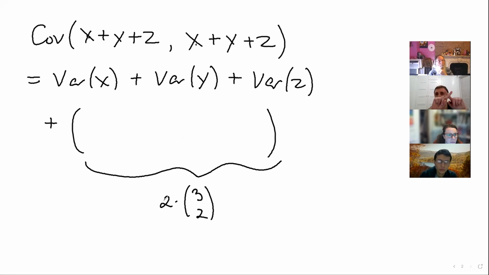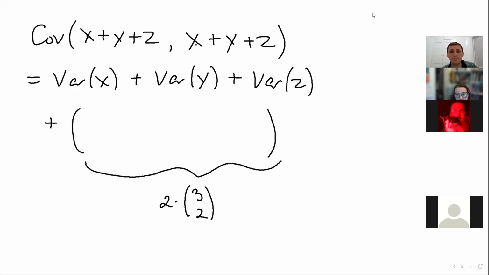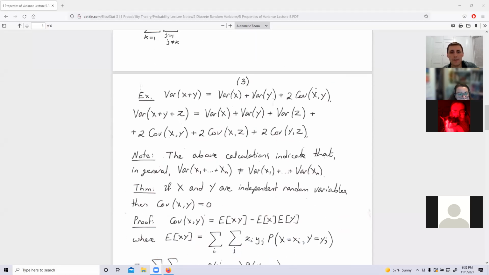Because it doesn't matter if it's xz or zx, I just write xz and multiply the full sum by 2. Good? Very nice. So we understand, yes? That's what this 2 is. So it's 2 times 3, because 3 choose 2 is 3, and I multiply everything by 2 in this case.